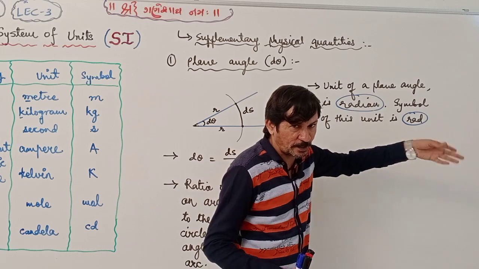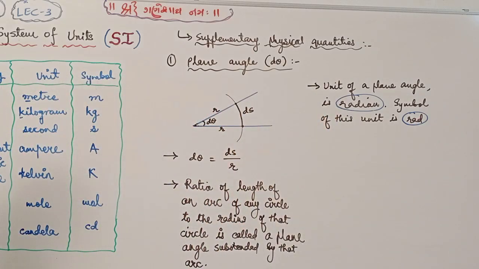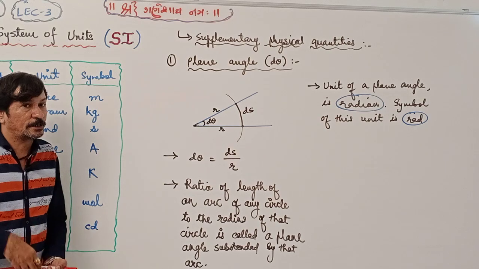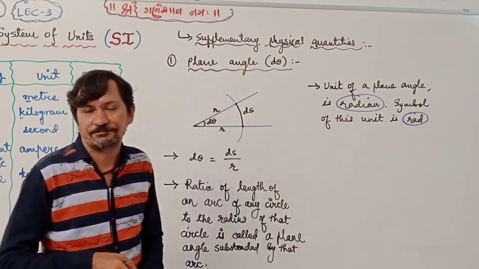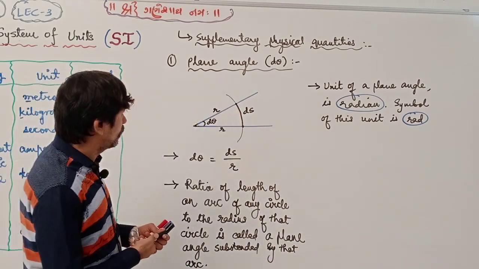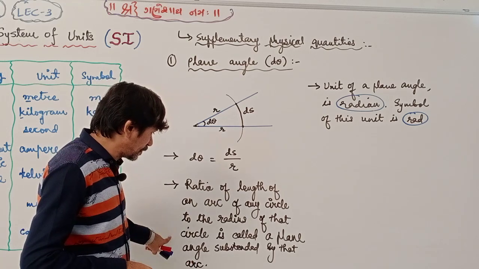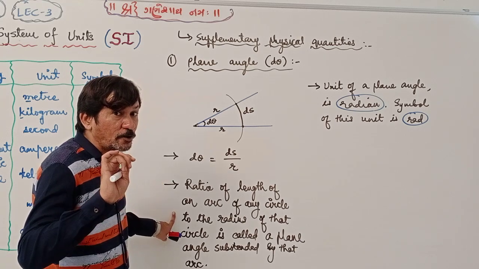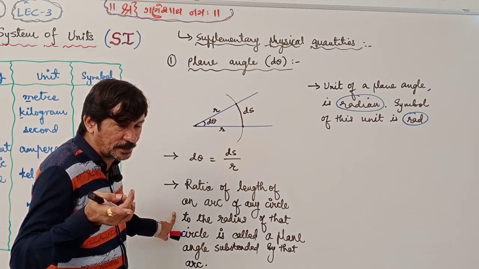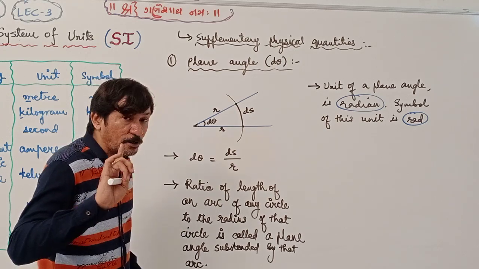No. Now the last point is the second supplementary physical quantity, that is solid angle. I will give you some information about solid angle, and you will write the definition in homework.